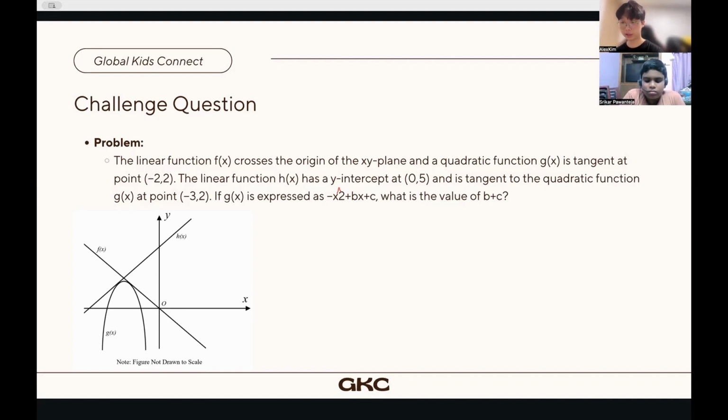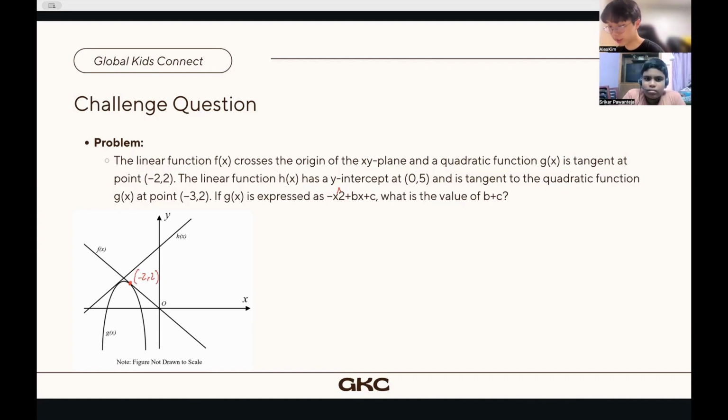Tangent meaning it comes into contact with. So there is a single intersection point between the linear function f(x) and the quadratic function g(x), which is this point here, and this point is (-2, 2).